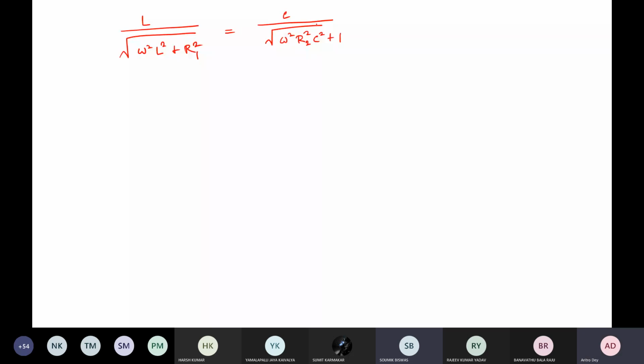So we can write, this is square actually, root over was not there. So we have L by C is equal to omega square L square plus R1 square by omega square R2 square C square plus 1. So from here we need to solve for omega.